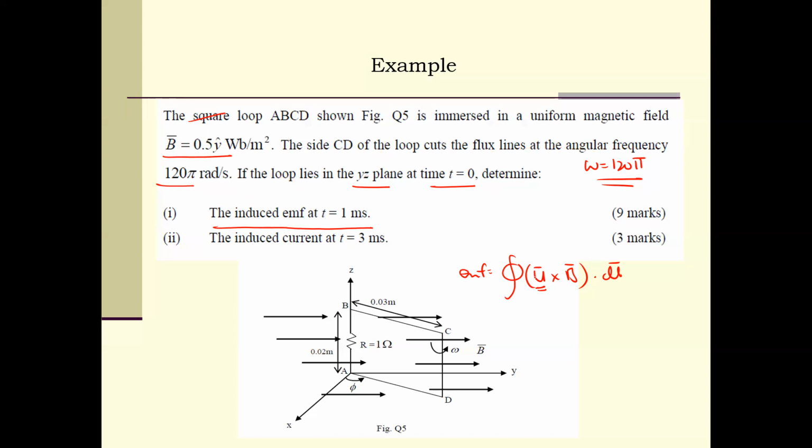So the angular velocity and the linear velocity are related by the equation u equals r omega. Okay, and from here we can write that u will then equal r omega. So r, the radius, is 0.02. Yeah, because CD has a distance of 0.03 from the z-axis. So your r basically will be 0.03. So I just put that r will be 0.03.